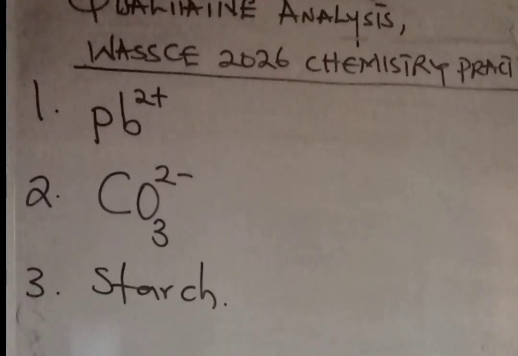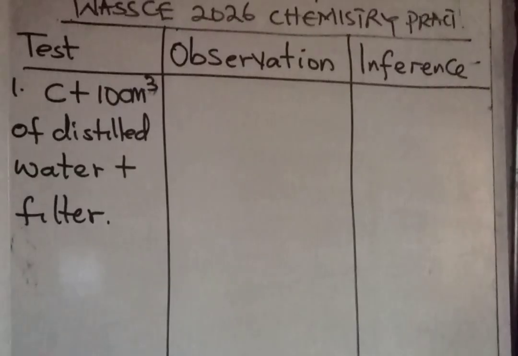The preliminary test is the test to show the solubility of the salt mixture, where they will tell you to dissolve the sample in about 10 cm³ of distilled water and then filter. So this is how the observation table should look like. This is not a new thing.